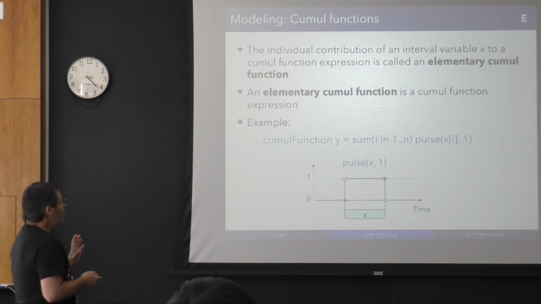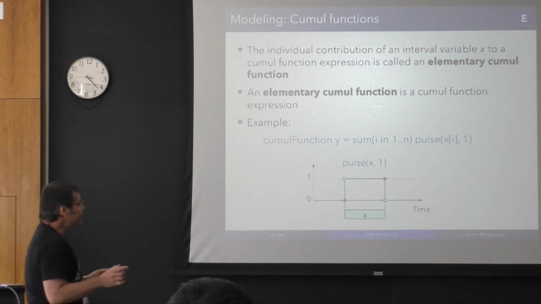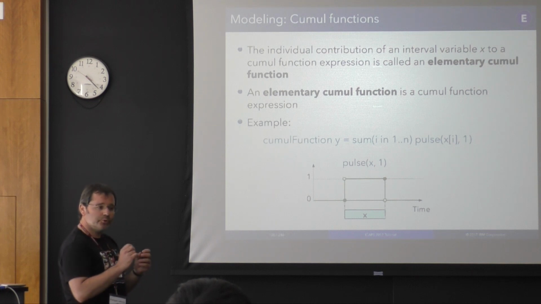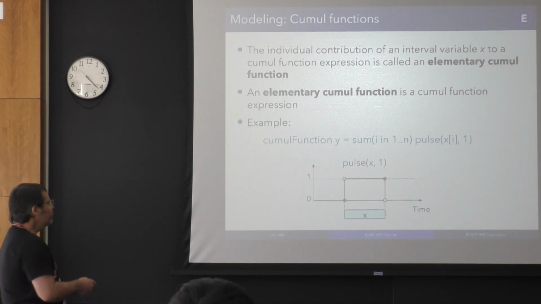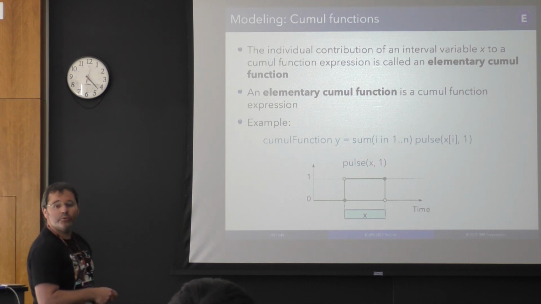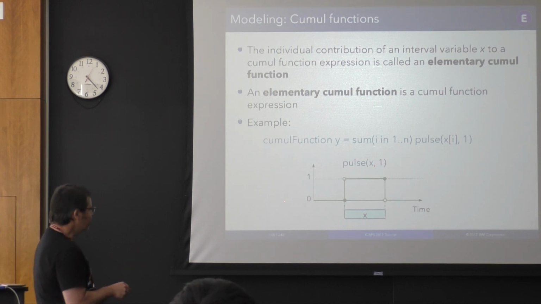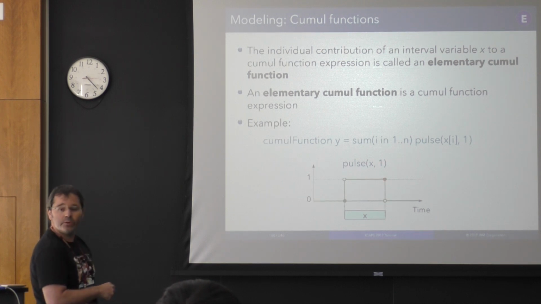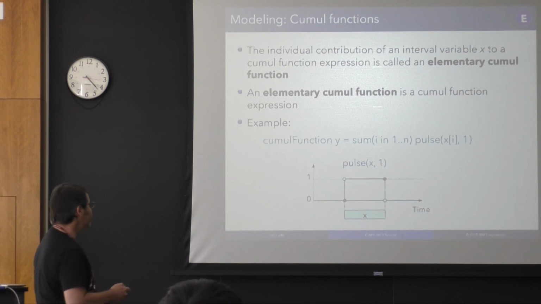So actually what we do is define the elementary cumul function, which corresponds to the contribution of an interval variable to a cumul function. We distinguish a few of these individual contributions. For instance, we have the notion of pulse. Pulse of x is an elementary cumul function. The value is 0 before the beginning of x. It's exactly equal to 1, for instance, or to a given value, between the start and the end, and then it's back to 0 after the end time of the interval.